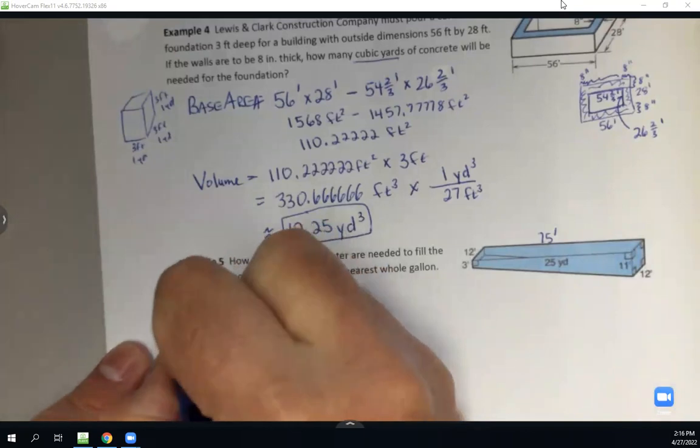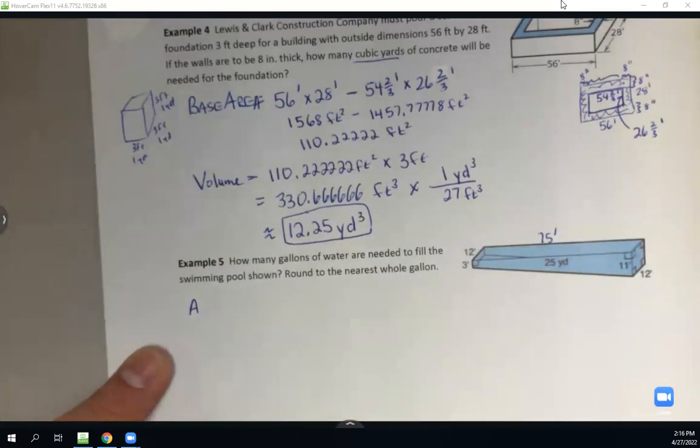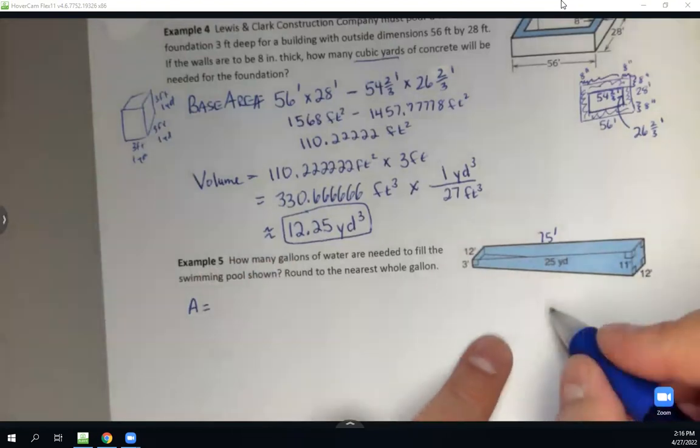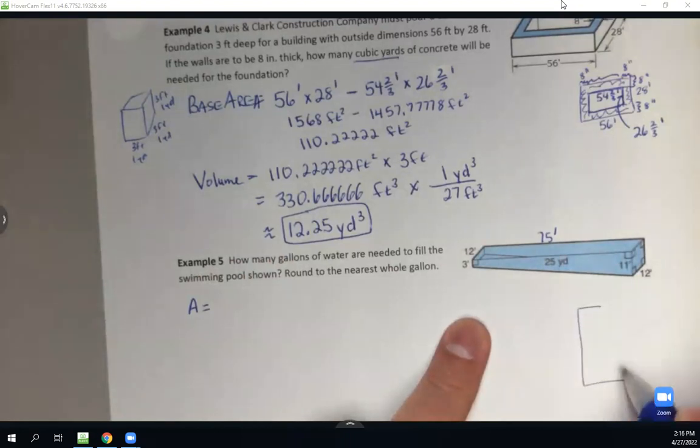So I'm going to find the area of the trapezoid. And remember, how do we find the area of a trapezoid? The trapezoid that we have in this particular case, I'm going to draw more like I normally think about trapezoids.